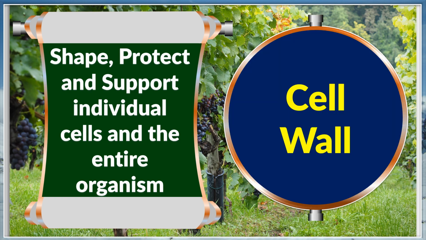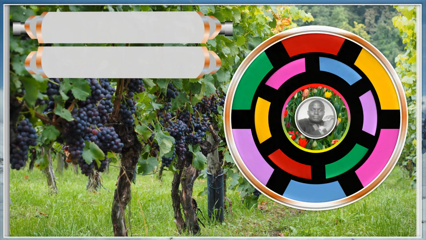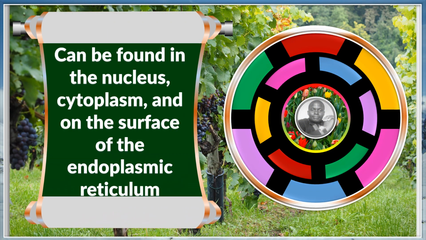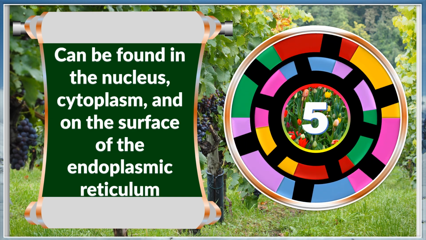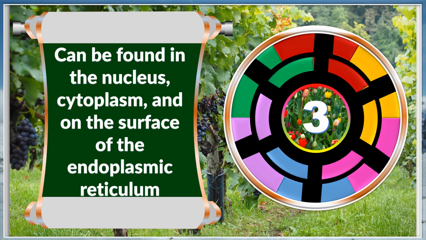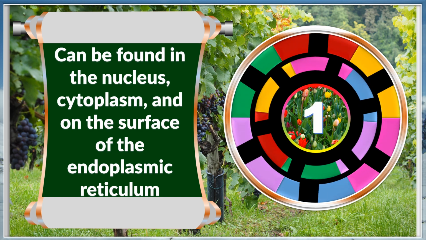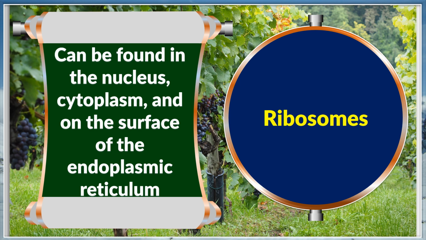Cell wall. Can be found in the nucleus, cytoplasm, and on the surface of the endoplasmic reticulum. Ribosomes.